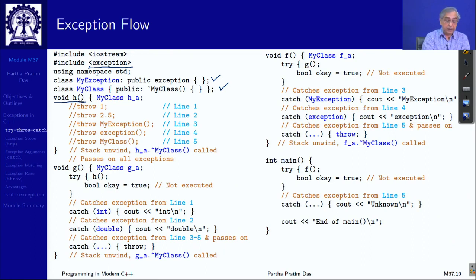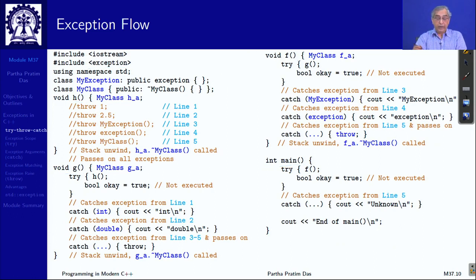So, there are 3 global functions here, f, g and h, and naturally main. The flow is main will call f, which in turn will call g, which in turn will call h, and on this flow we want to see the effect of having different exceptions.